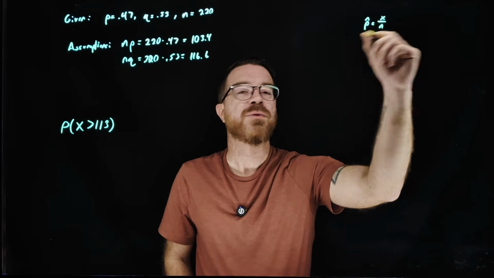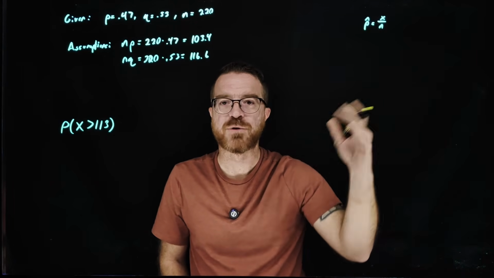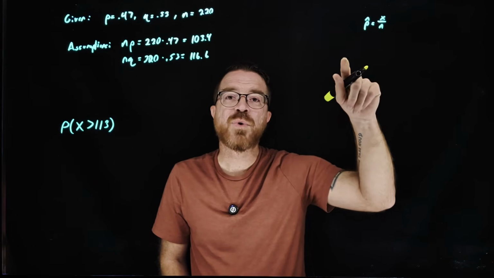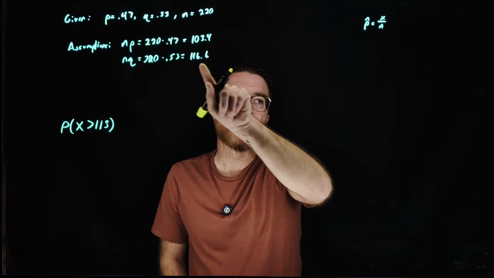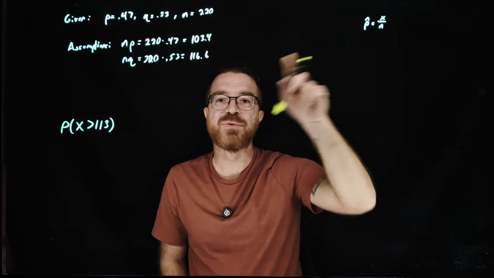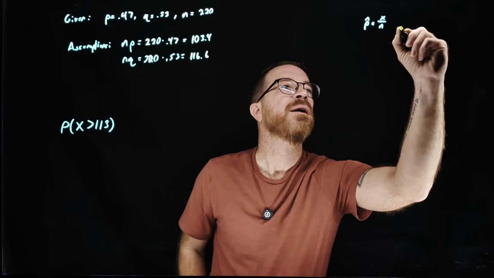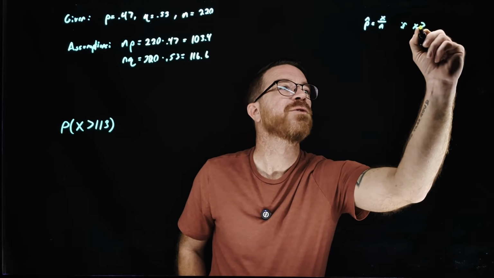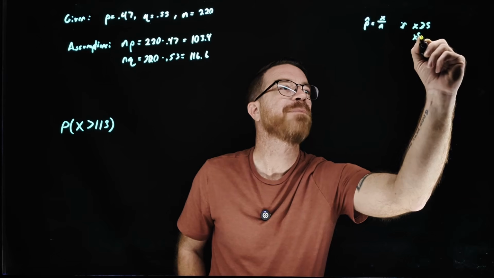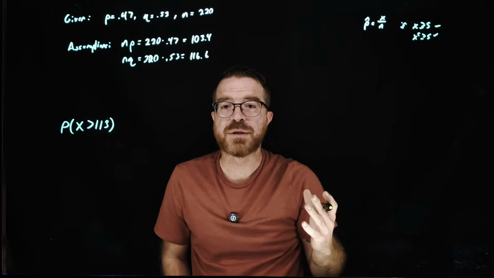And then you could figure out your q hat by subtracting it from 1. All you're doing is undoing the operation you just did and getting back to the raw numbers. So if x is greater than or equal to 5 and x complement is greater than or equal to 5, this would also work for checking your assumptions.